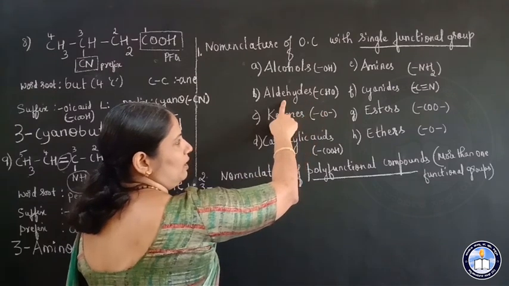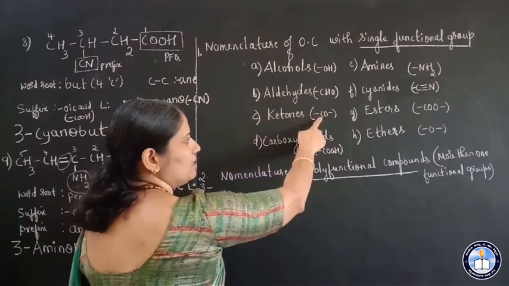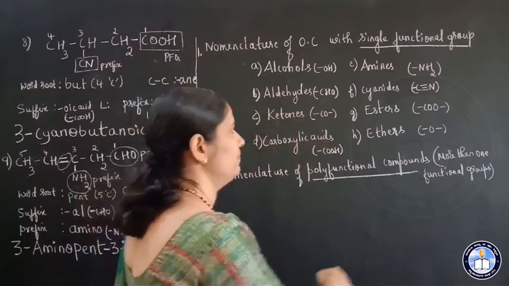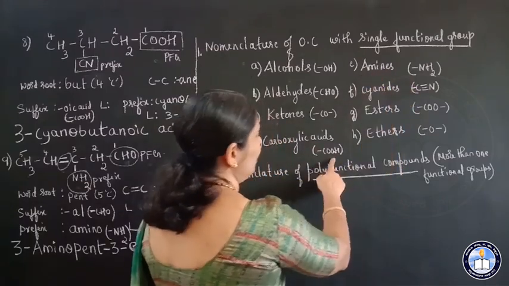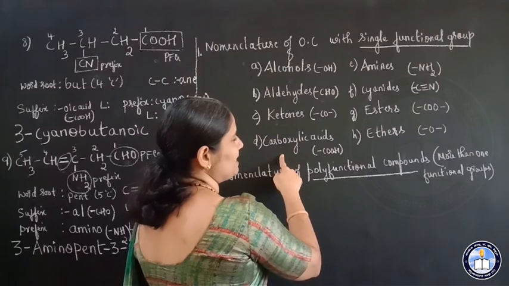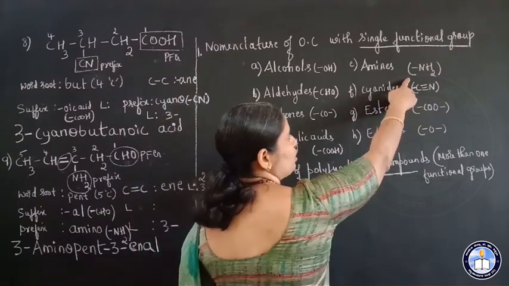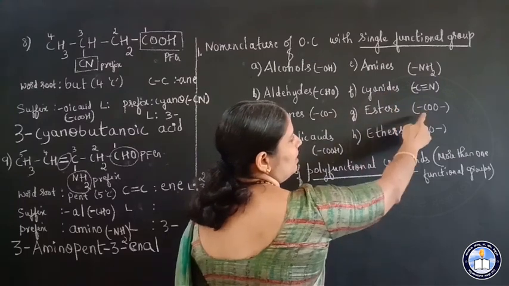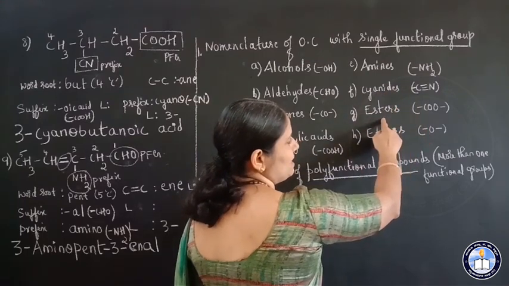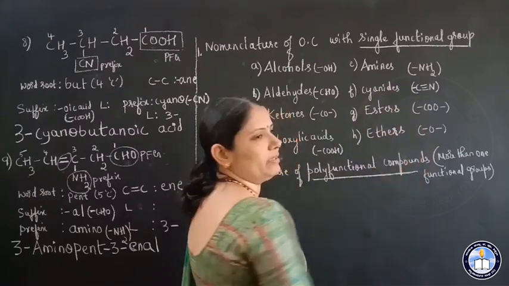CHO, class of compounds aldehydes. CO, ketones. COOH, carboxylic acids. NH2, amines. CN, cyanides. COO, esters. O, ethers.